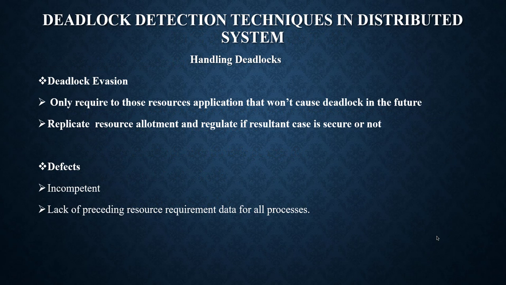So, handling deadlocks. There are three types of deadlock handling in centralized systems. The first one is deadlock prevention, the second is deadlock avoidance, and the third is deadlock detection and removal. So the first one, deadlock prevention. The approach is to prevent transactions from acquiring locks that will lead to deadlocks.